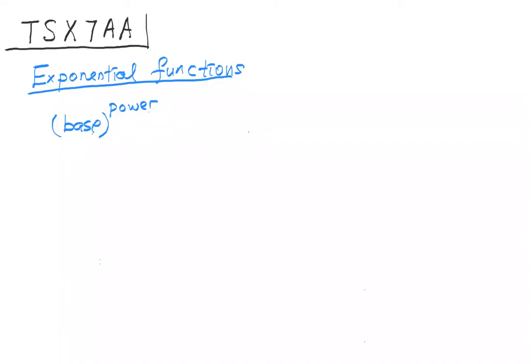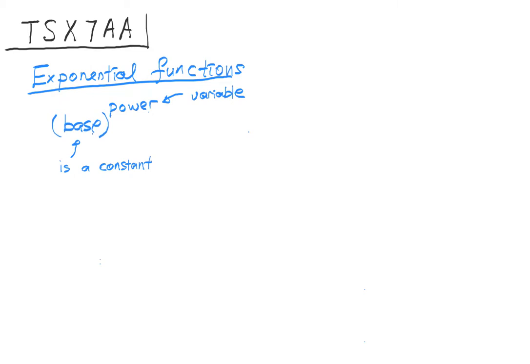So you must know the difference. The base is a constant, and the power involves some variable. Correct? So this is called an exponential term.